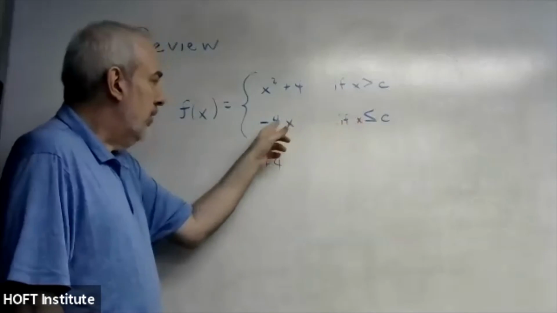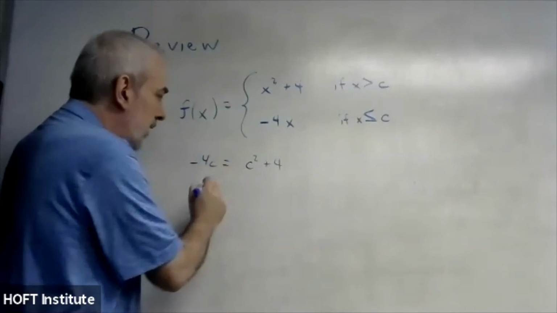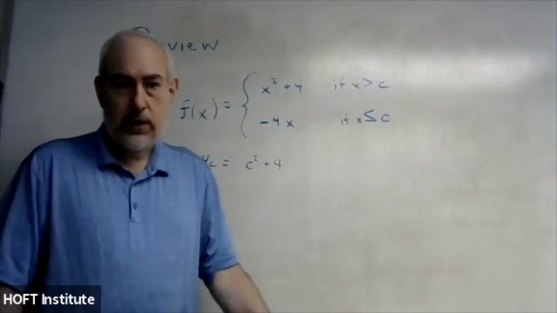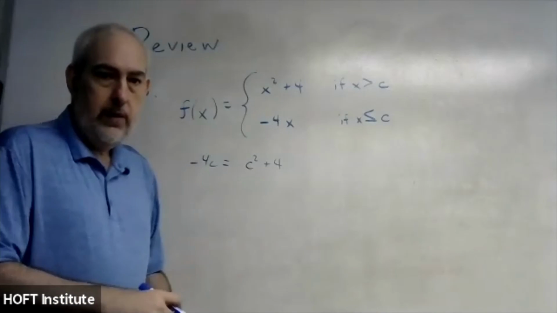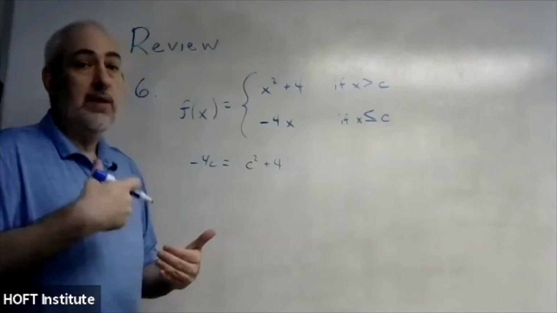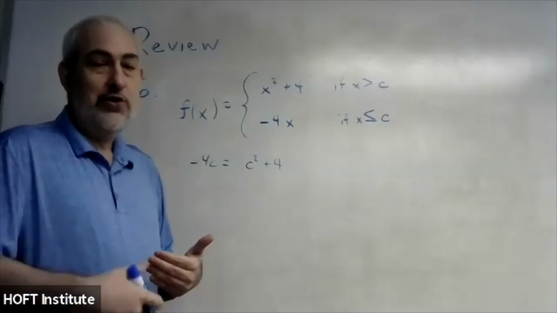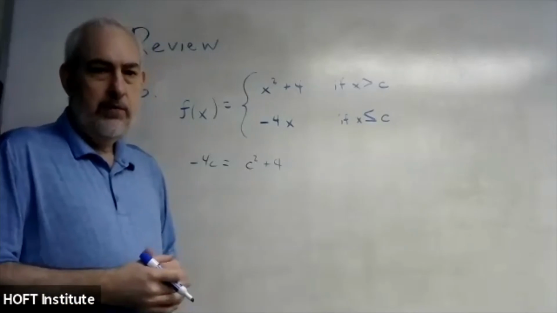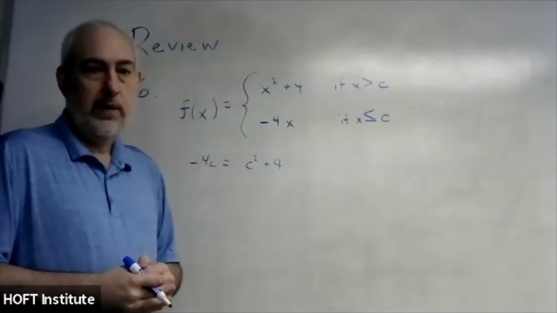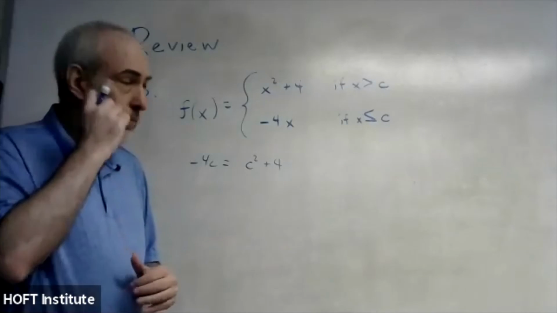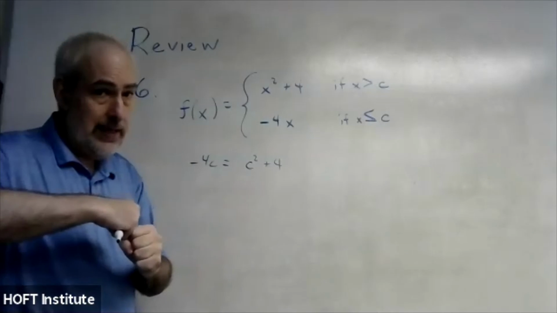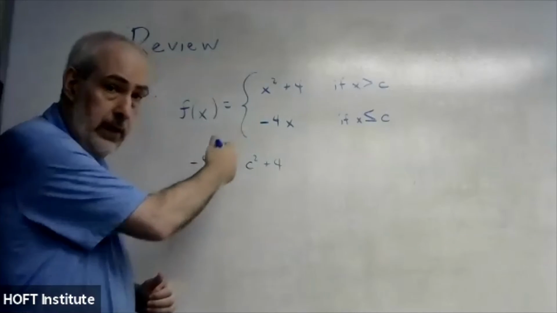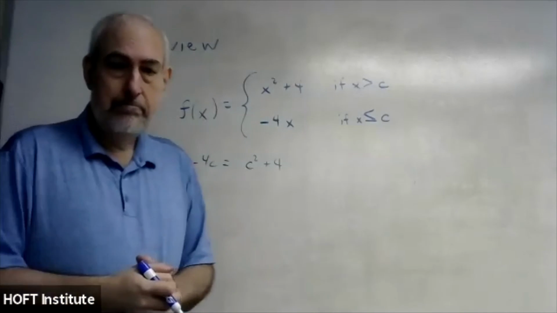This function, when you approach c, you get -4c. And you see, we get to that equation a lot quicker than the way I did it with the limits. But I was trying to explain it well using the definition of continuity. But if you're just trying to arrive at this answer as quick as possible, essentially just plug in c into both of these equations, set them equal to each other. That will make them connect. And then solve for c, and you get c equals -2.